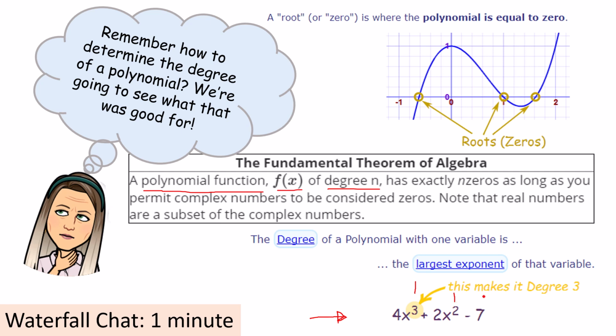We have no x to the 1st, but we have a constant. So that highest power is going to be the degree of our function. So n in this case is 3. So this function has exactly 3 zeros.